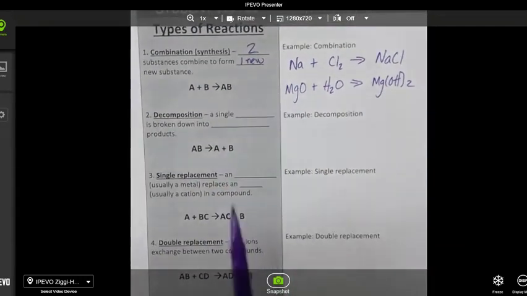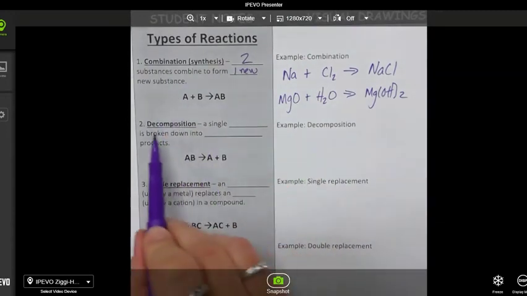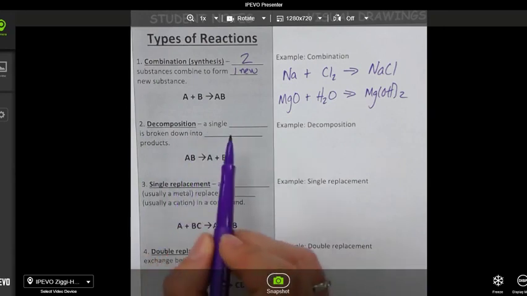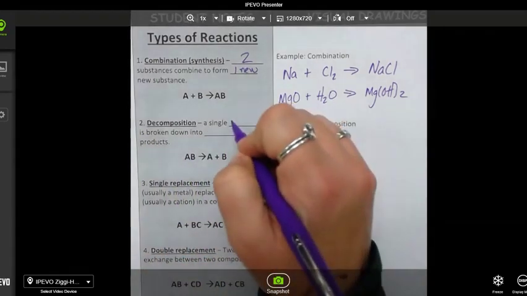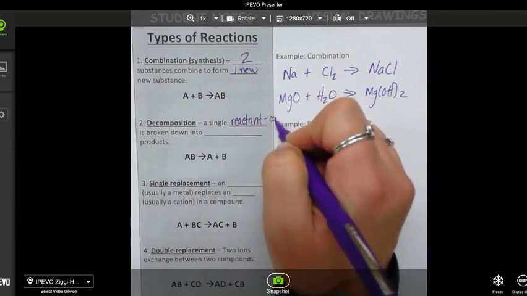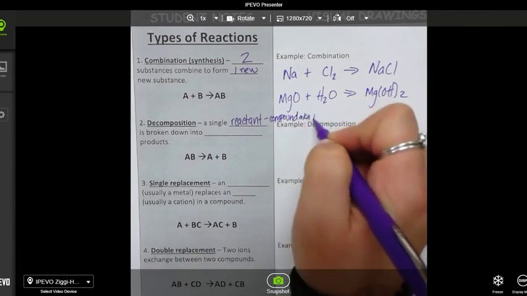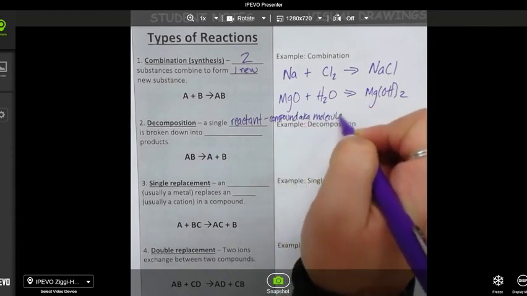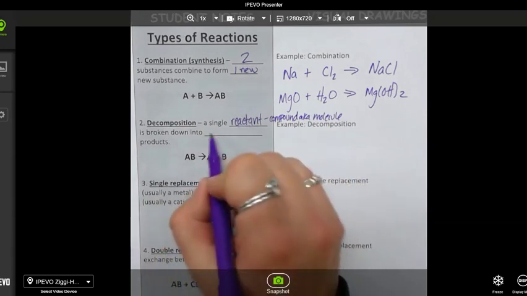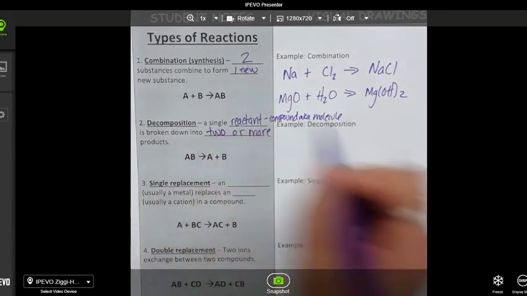Next type is decomposition, and this is the opposite of combination. And the word decomposition, or to decompose, is when a single reactant, which is always going to be a compound, aka a molecule, is broken down into 2 or more, could be 3, it could be 4, products.